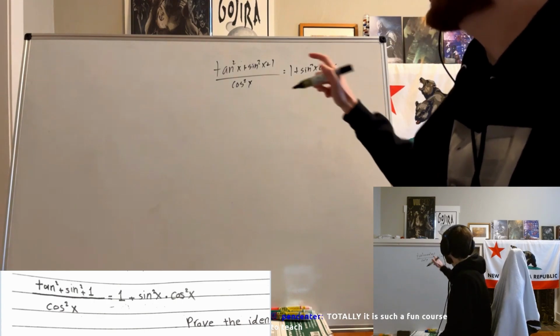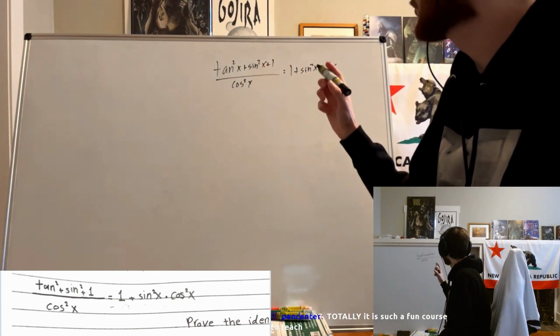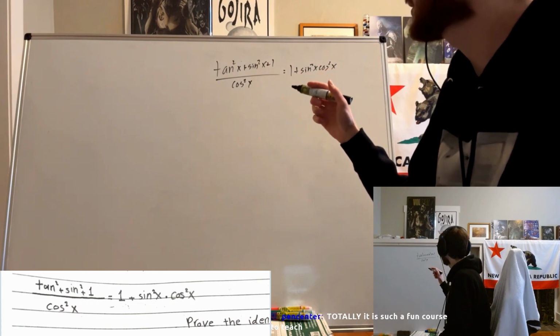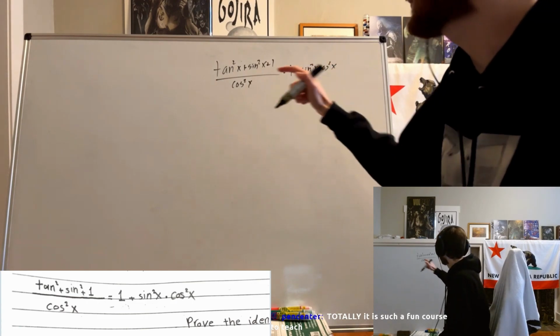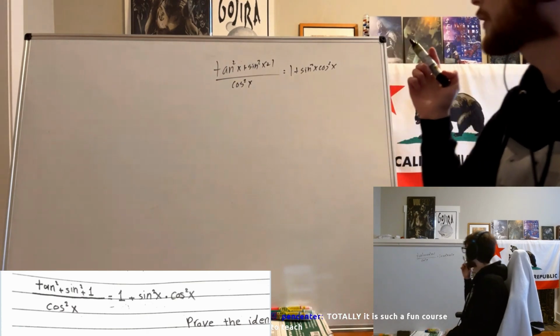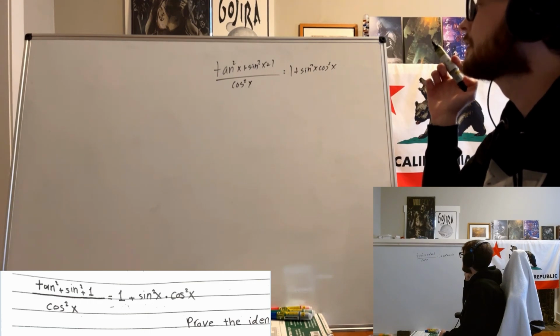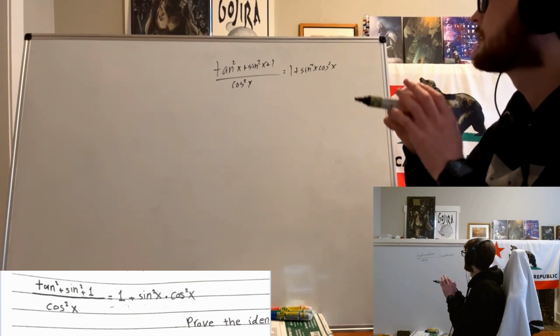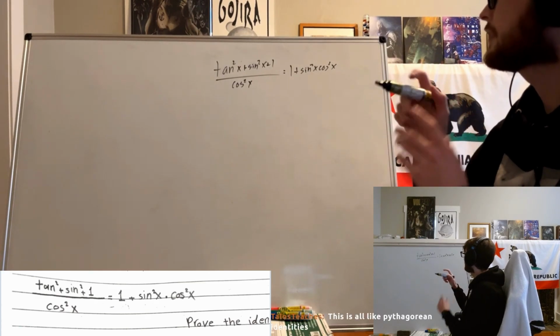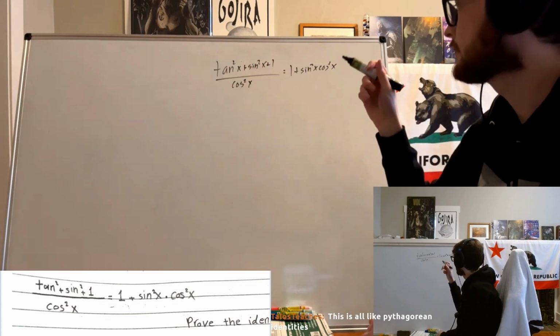So I kind of want to say that this one is sine squared plus cosine squared and see where that leads me. We could also try, I think Jeff is the one who said it, that tangent squared is sine squared over cosine squared and get a common denominator. I kind of want to see tangent is sine over cosine.